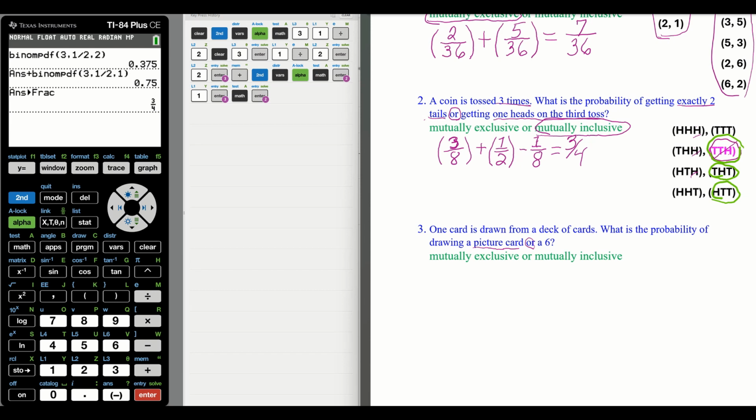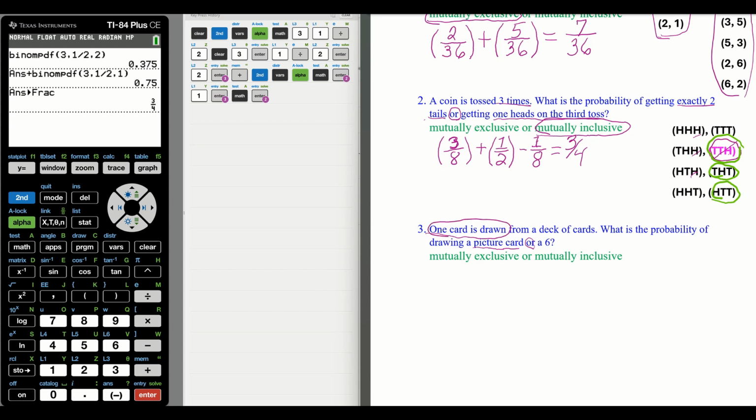Another thing that we need to discuss is, is this mutually exclusive or mutually inclusive? Well, think about it. Can we get these things twice? Are we going to draw twice or are we drawing at the same time? No, we're only drawing one card.